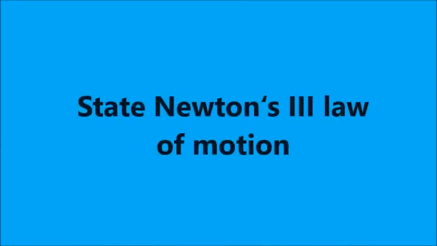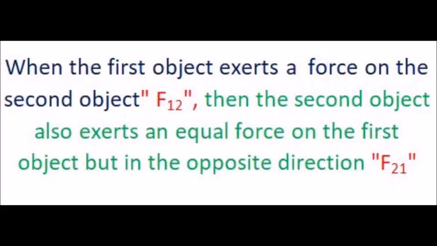State Newton's third law of motion. When the first object exerts a force on the second object, F12, then the second object also exerts an equal force on the first object, but in the opposite direction, which is F21.